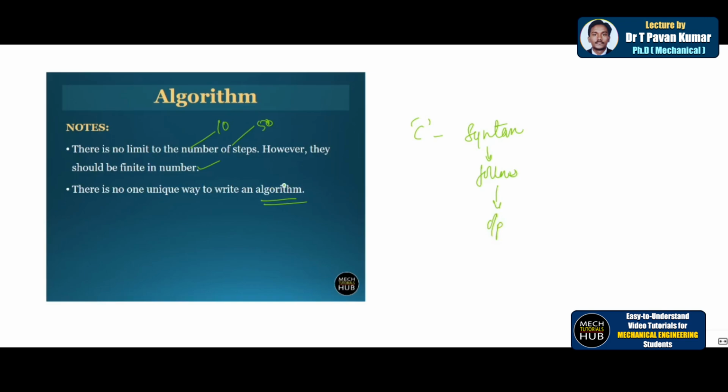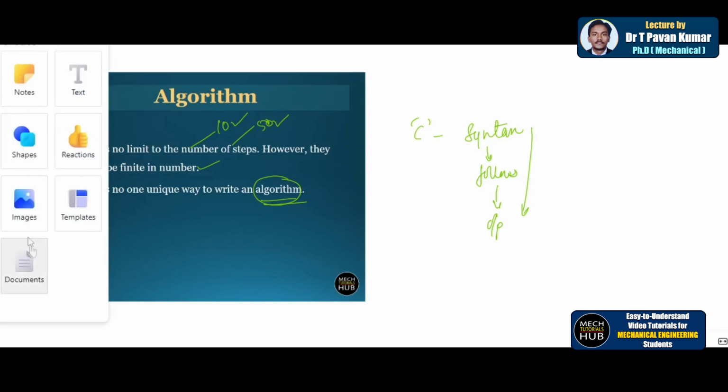In a similar way, if you consider an algorithm, there won't be a proper syntax for an algorithm. Somebody may communicate with 10 different steps, some with 50, and the kind of language they use, the steps they follow might be different. Try to understand the difference between the code and the algorithm.